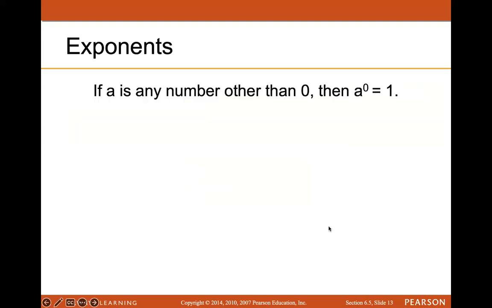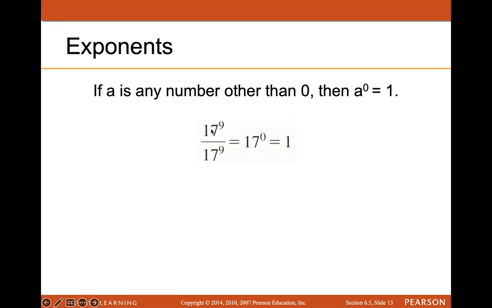All right, and then the quotient rule leads us to a rule for 0 exponents. So far, we've only talked about exponents being natural numbers. So the rule says that any number except 0 to the power 0 is equal to 1.